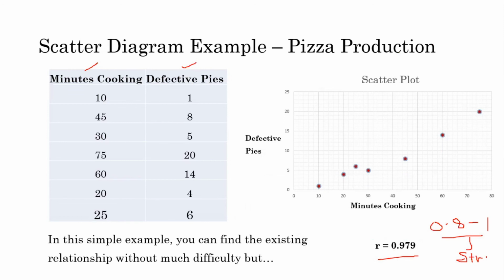Okay, so our conclusion from this analysis is that in pie production, the cooking period or minute of cooking has strong relationship with defective units or defective pies that are produced.